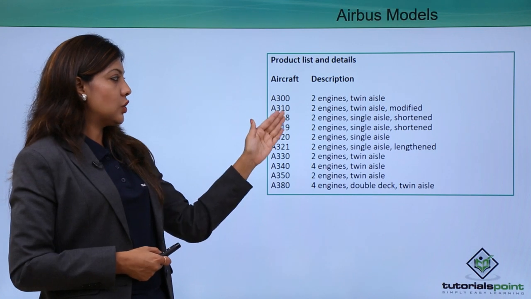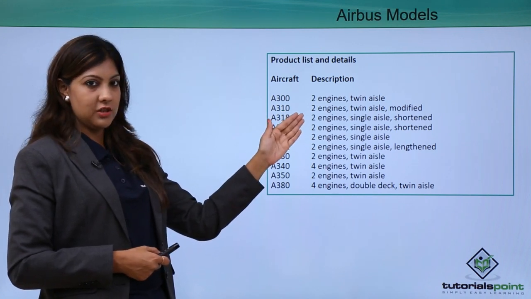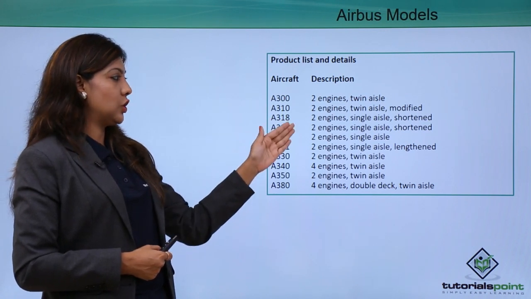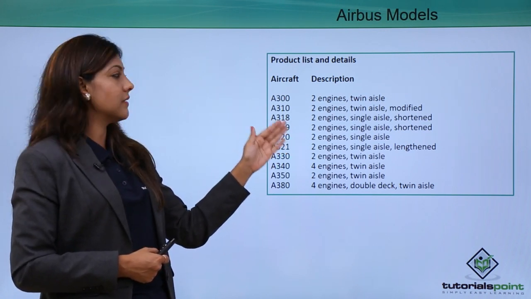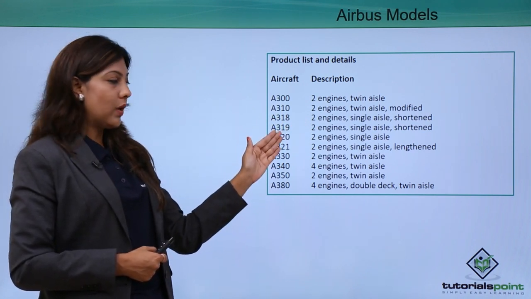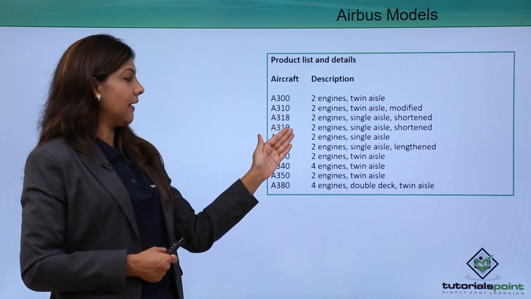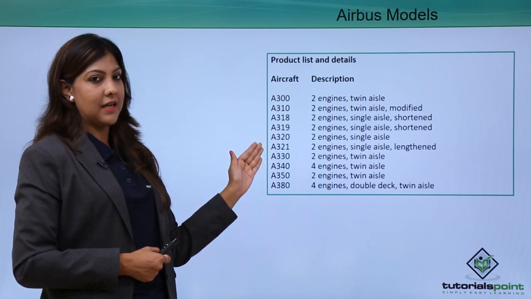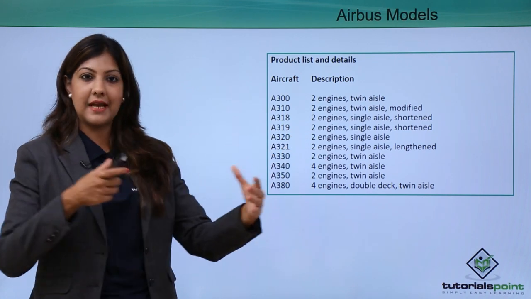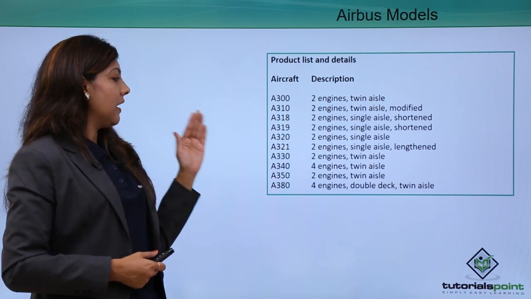The A318 is two engines, single aisle, and it's shortened, meaning it goes only short distances. The A319 is twin engines, single aisle and shortened. The A320 is two engines and it has only a single aisle. The A321 is two engines, single aisle, and it's lengthened, meaning it has a very large body.